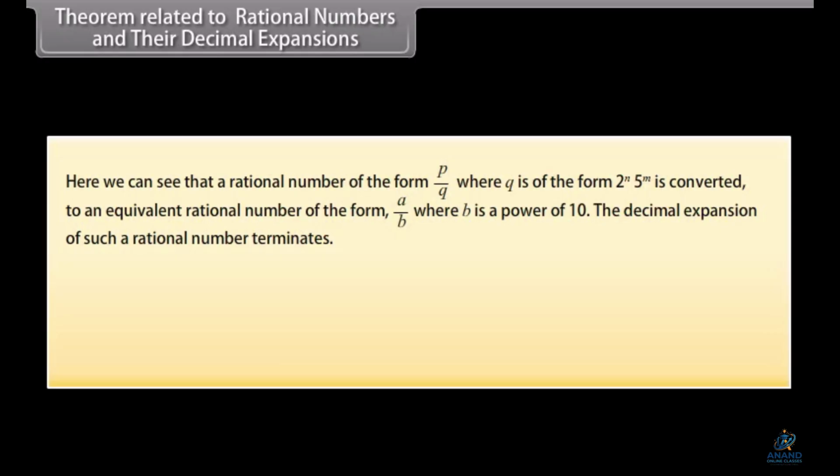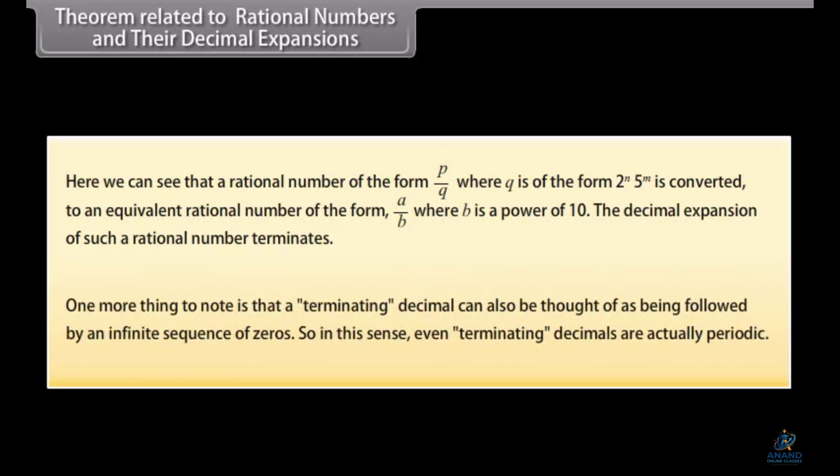The decimal expansion of such a rational number terminates. One more thing to note is that a terminating decimal can also be thought of as being followed by an infinite sequence of zeros. So in this sense, even terminating decimals are actually periodic.